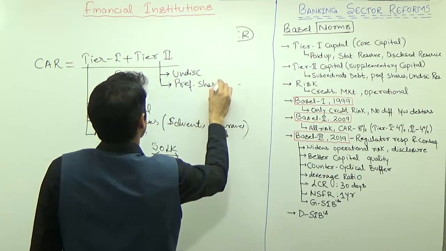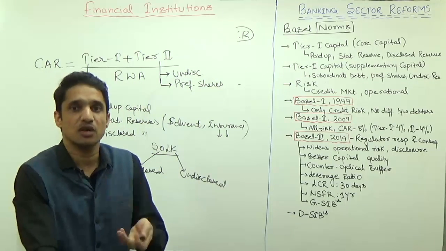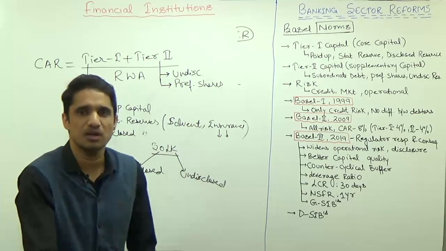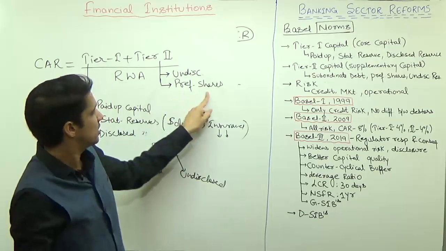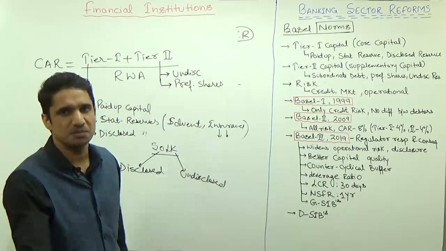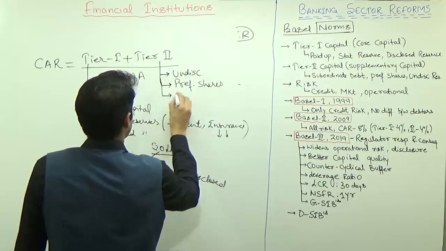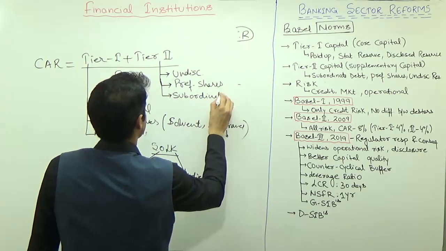We discussed that normal shares get the least priority, but preference shareholders get preference above the normal shares. So preference shares will come under the supplementary capital. And then the third one is known as subordinate debt.